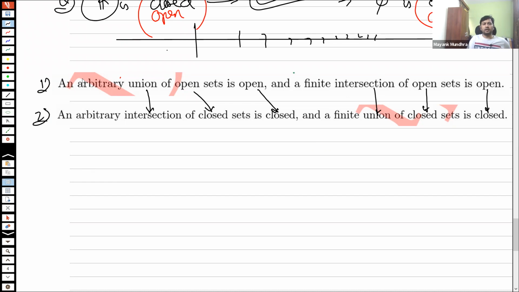So in the first proposition, we had union of AI from I equals 1 to infinity or n was open, but intersection of AI for I equals 1 to n was also open.